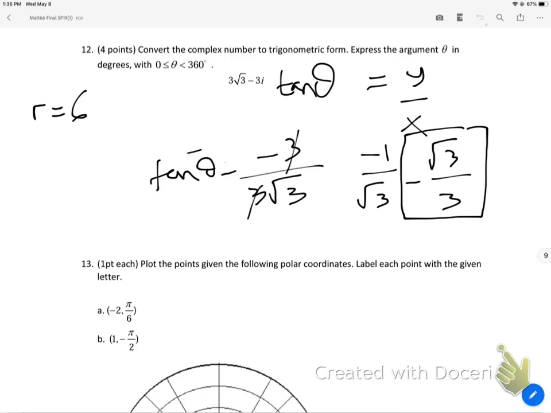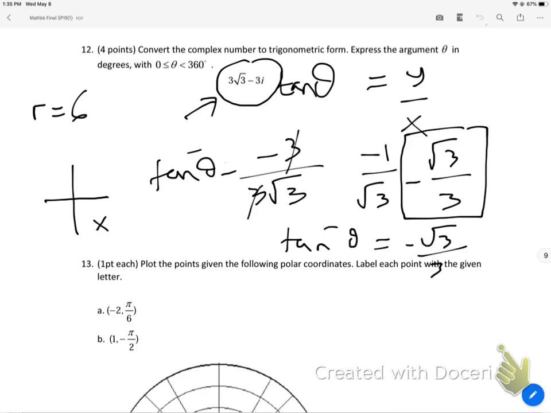Now, check on your unit circle. First, let's double check where this is. If x is positive and y is negative, which we have here, then that's going to put us in this quadrant. So the inverse tan of negative root 3 over 3 is actually 30 degrees, but of course negative 30 degrees, pi over 6 in radians.